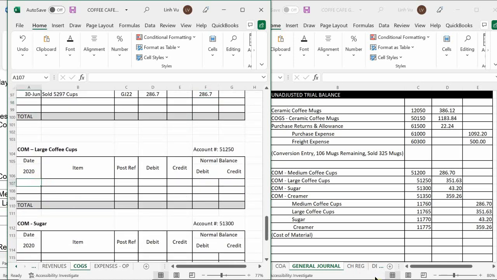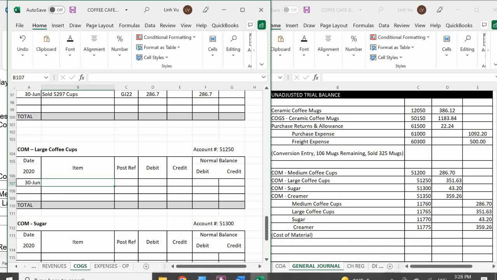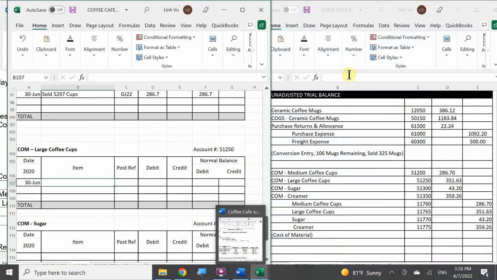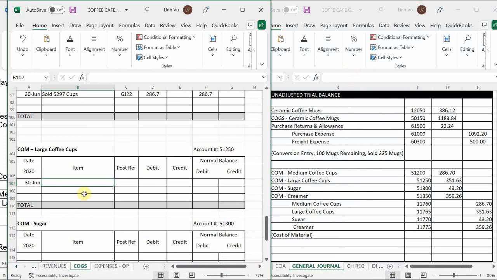How many of the large cups did you sell? 43. 351.51.